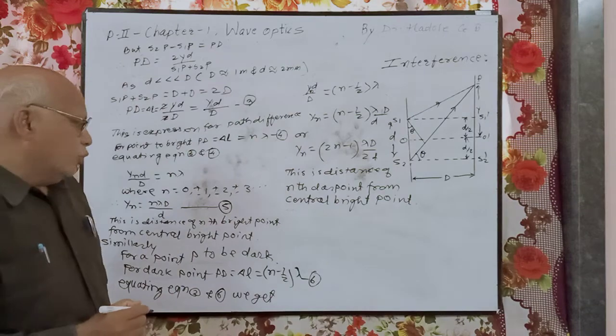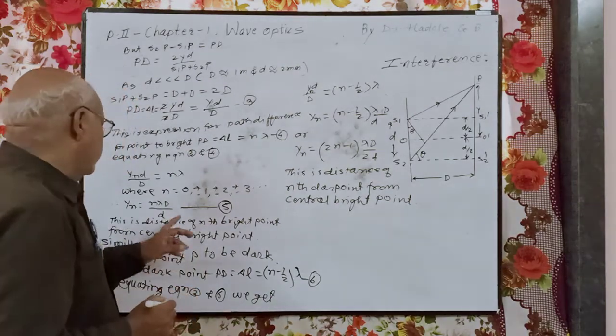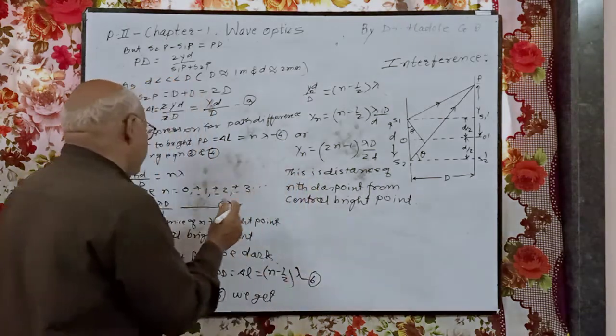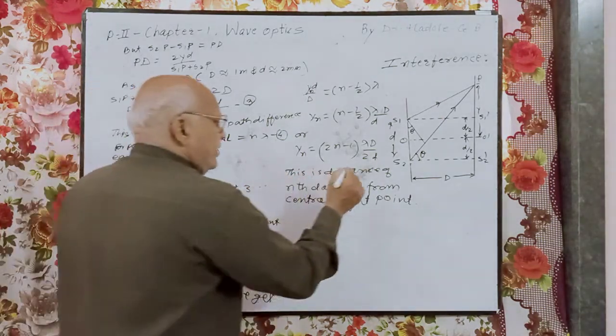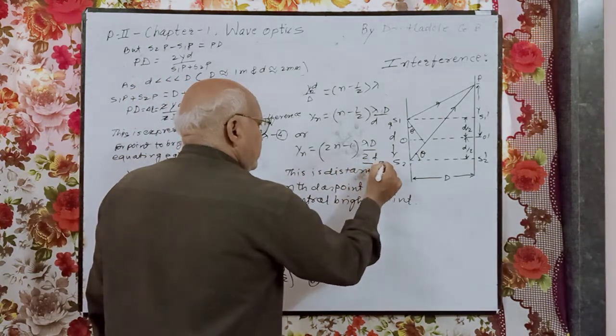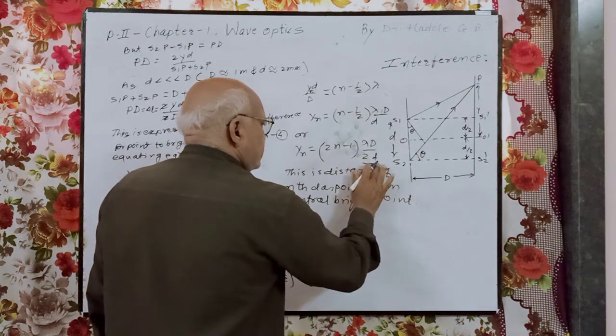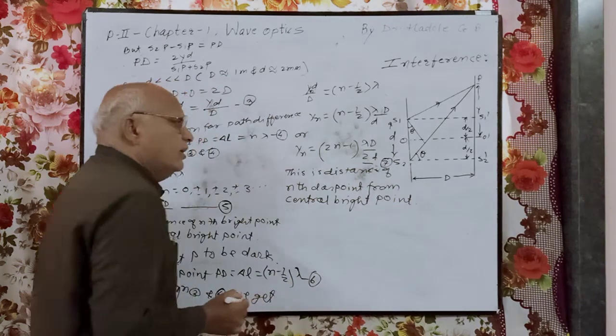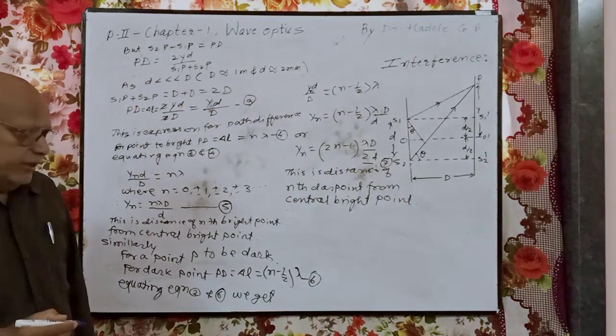Right. So these are the distances of bright and dark points, or we can determine by putting in the values the distance of the nth dark point or the distance of the nth bright point from the central bright point.